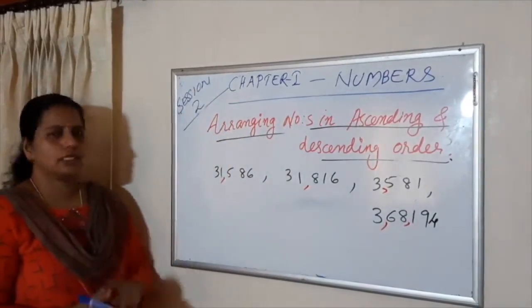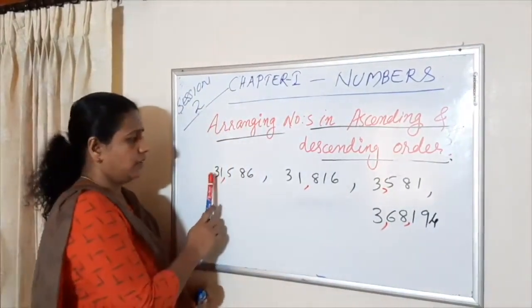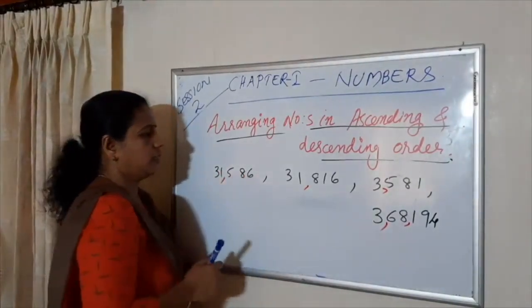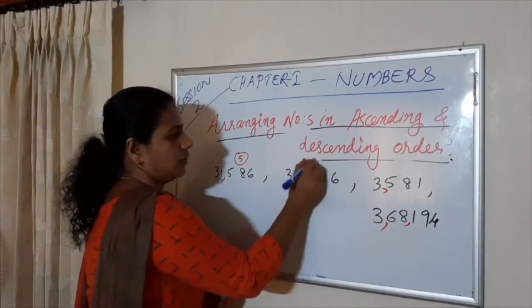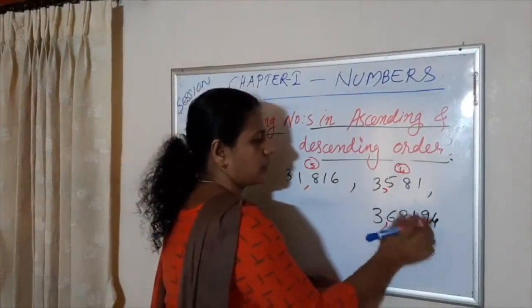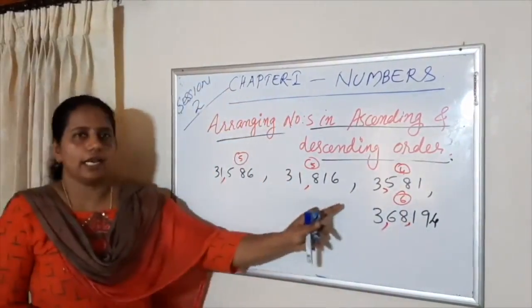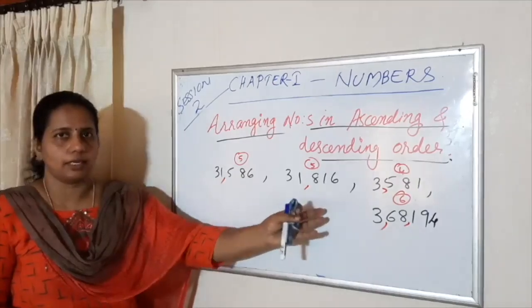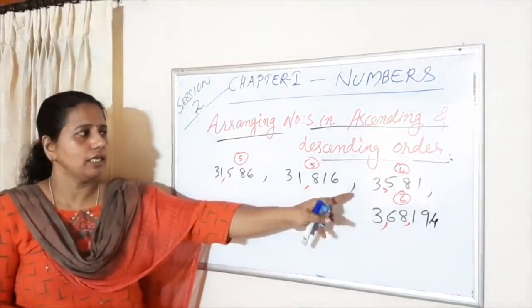Okay, so these are the given numbers. Now count the number of digits: 1, 2, 3, 4, 5. 5; 1, 2, 3, 4, 5; 1, 2, 3, 4; 1, 2, 3, 4, 5, 6. You can easily identify the smallest number from here because the 4-digit number is the smallest number.